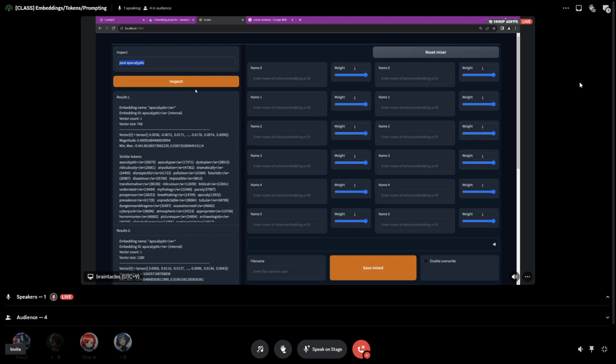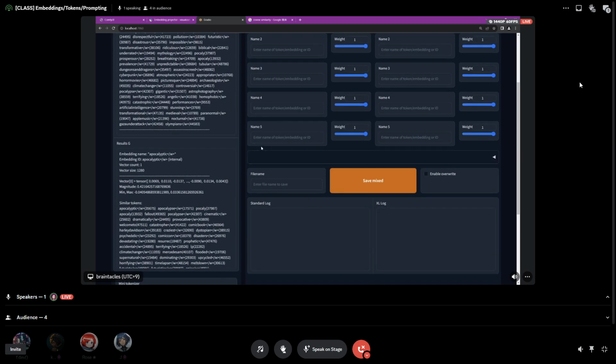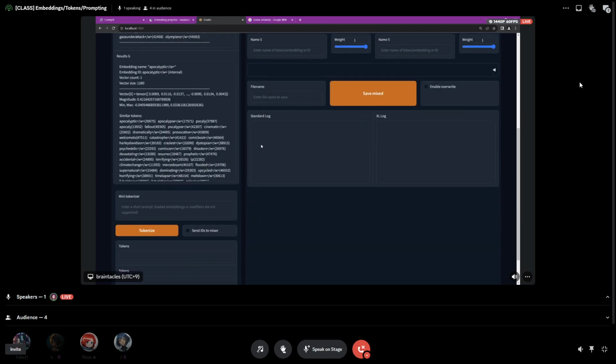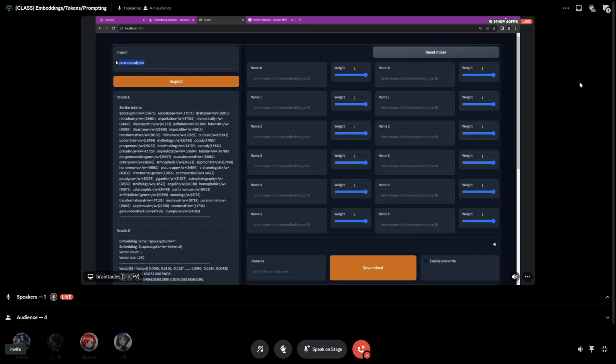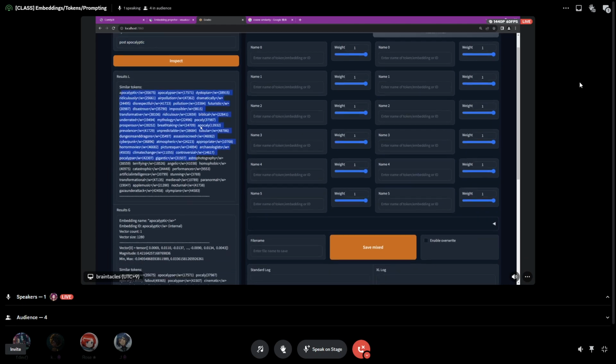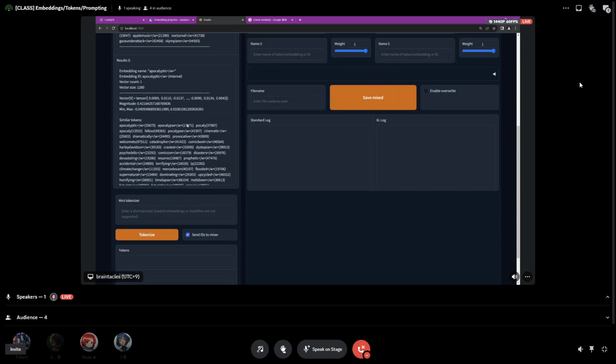So as I said, this tool, it's going to look slightly different in A1111, but it's essentially the same. What you want to do is have this send IDs to Mixer. And so the box we've been using so far is to just inspect tokens, sort of see what are the other similar tokens, and get their IDs as well.